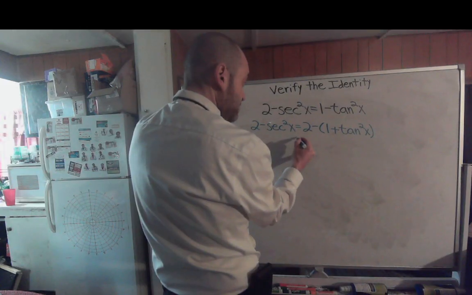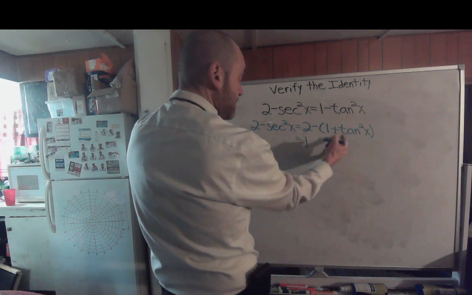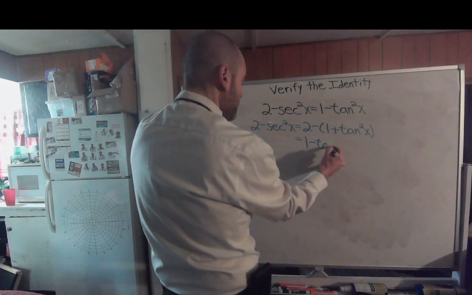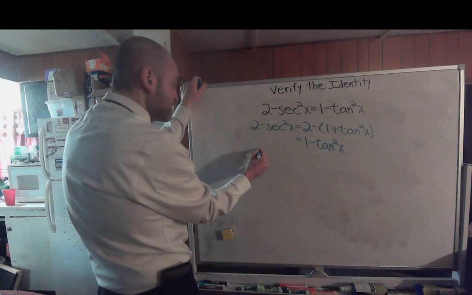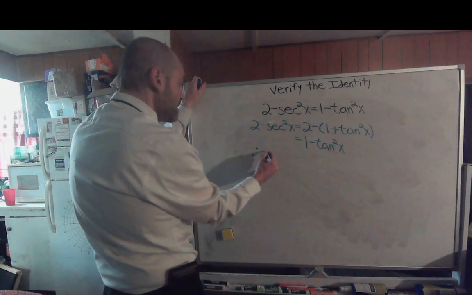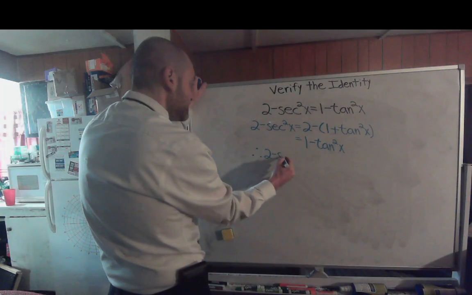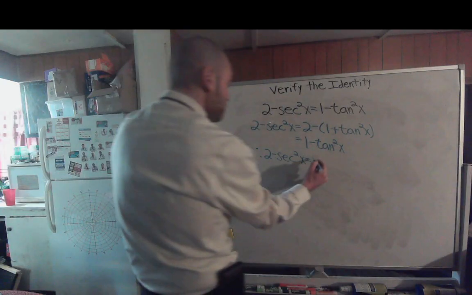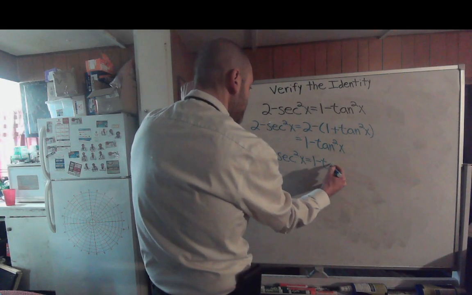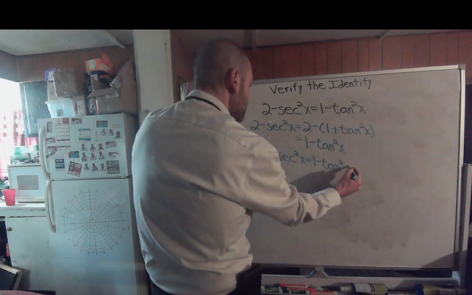Well, 2 minus 1 is going to be 1, then minus the tangent squared of x. So we've just verified it. So therefore, 2 minus the secant squared of x equals 1 minus the tangent squared of x.